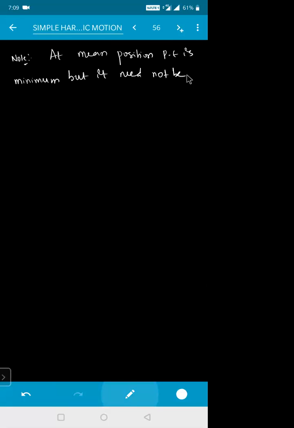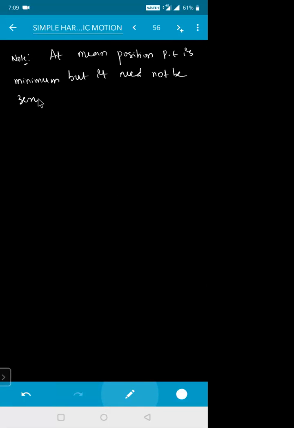Let me give you a small note. At the mean position, potential energy is minimum, but it need not be zero.